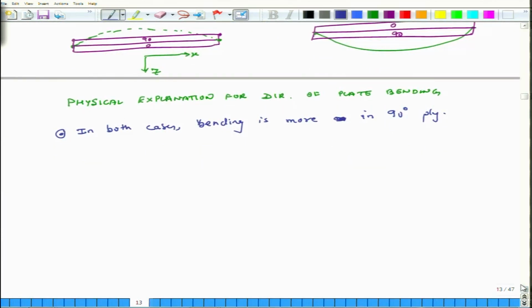Why do I say that? Consider the case B11 is more than 0. If B11 is more than 0, the plate configuration is like this. You have 90-degree on top and 0 on bottom, and when it bends, it is bending like this.